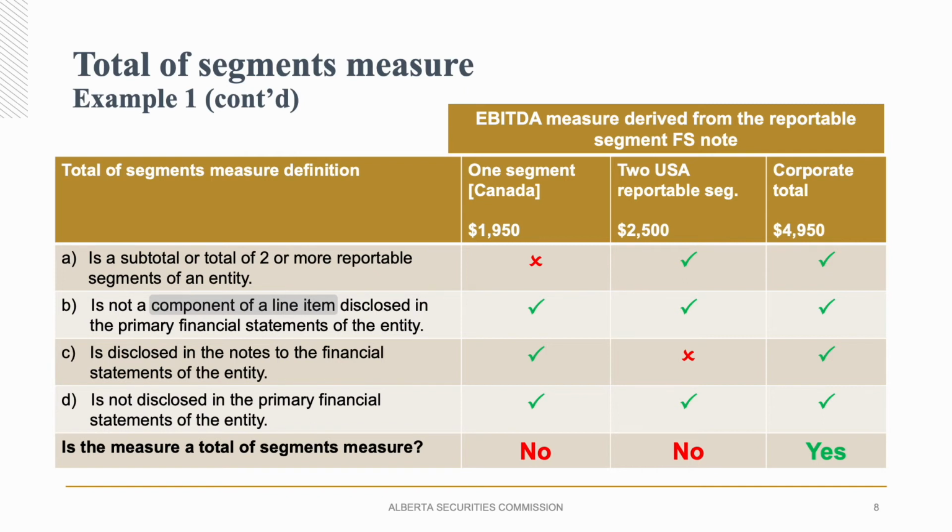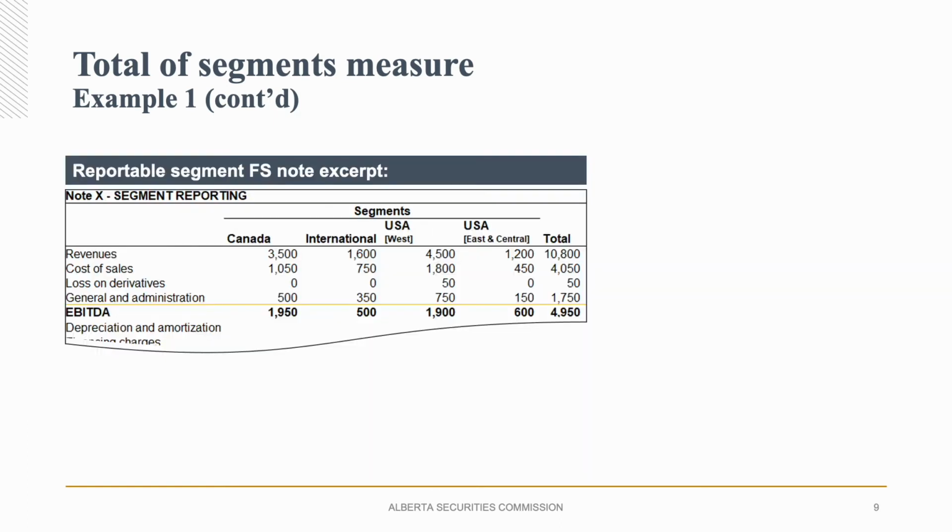Although the individual Canadian reportable segment and the total of the two US reportable segments are not total of segment measures, we need to look at each of these measures to see if they meet the definition of a non-GAAP financial measure. Let's flip back to the measures first as a reminder.